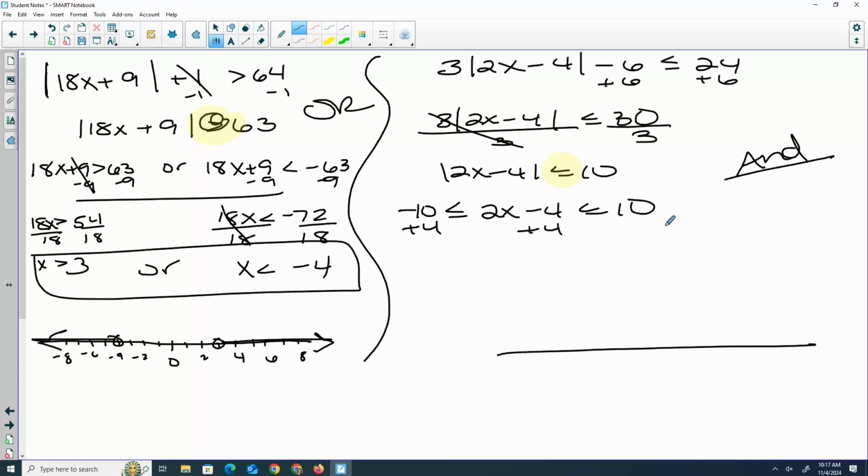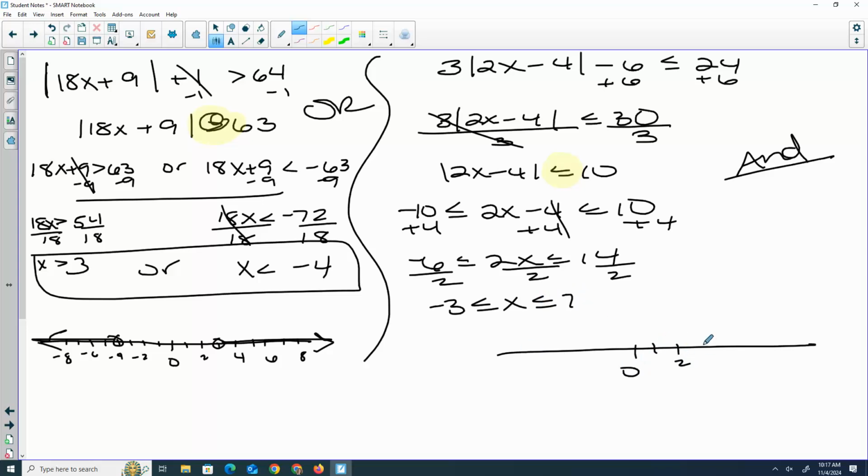Then we add 4 to everything. So negative 6 less than or equal to 2x, less than or equal to 14. Divide by 2. So negative 3 less than or equal to x less than or equal to 7. So it'd be closed circle at negative 3, closed circle at 7, and in between.